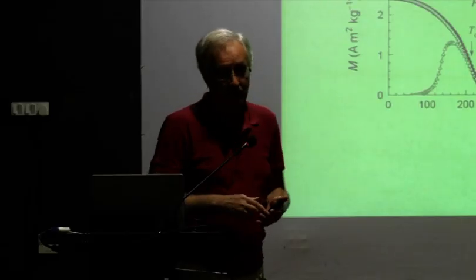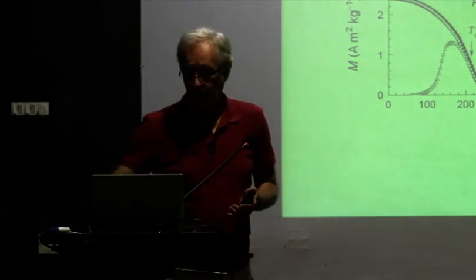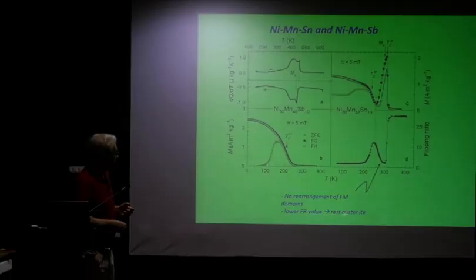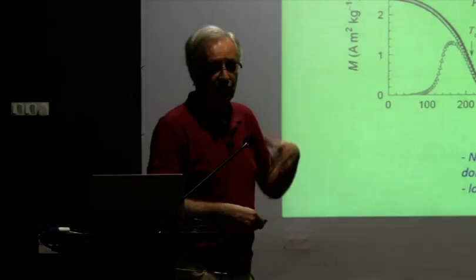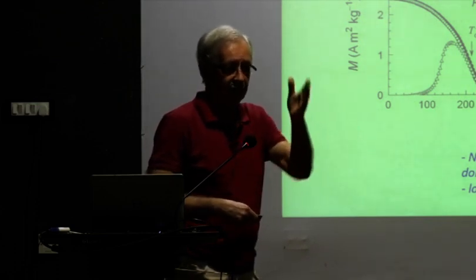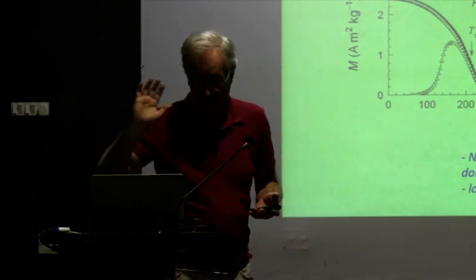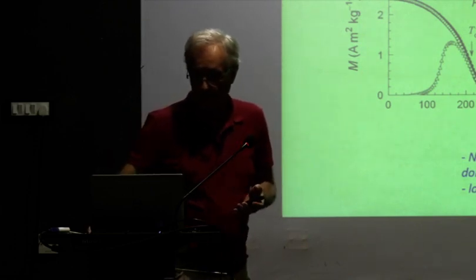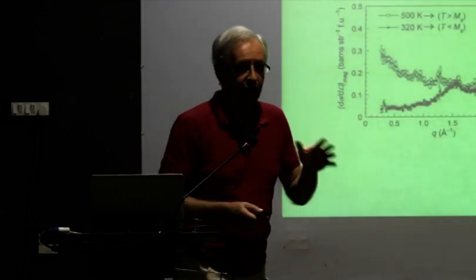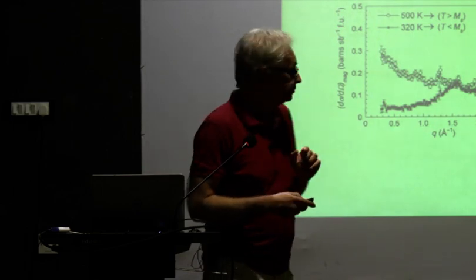There is still something there left over from the ferromagnetism. The remaining ferromagnetism could also be due to residual austenite because it's a martensitic transition. There could be something left in there, or could be something else as well. So now we go and look at what we obtained from our polarization analysis.